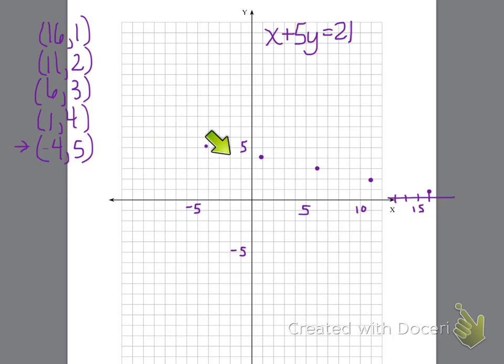You might be noticing a pattern to the points that we're graphing in these linear equations, that they tend to look like they're all in a line. And they do look like that, and we're going to get to that. So no need to connect them at this point, but I hope that you're recognizing that.